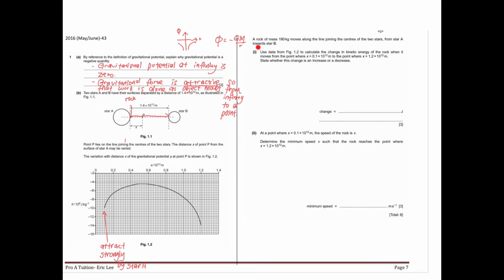Okay, now we look at part 1. Use data from figure 1.2. Figure 1.2, that means they expect you to know this graph and know what happens, and now you have to apply the concept.